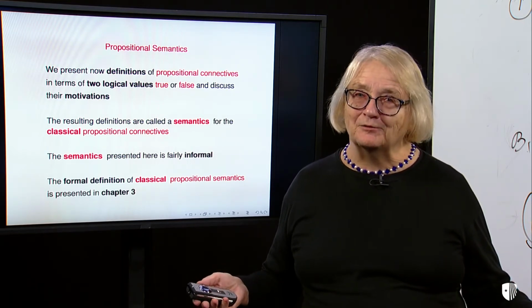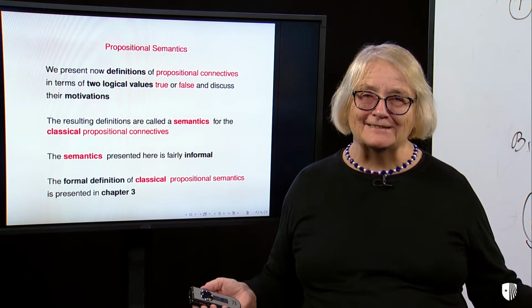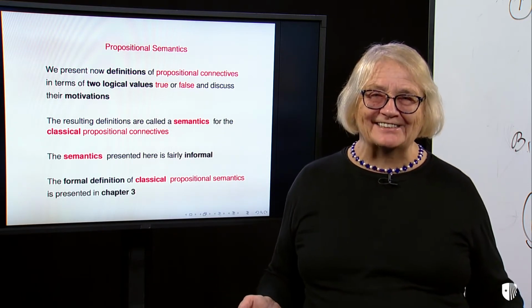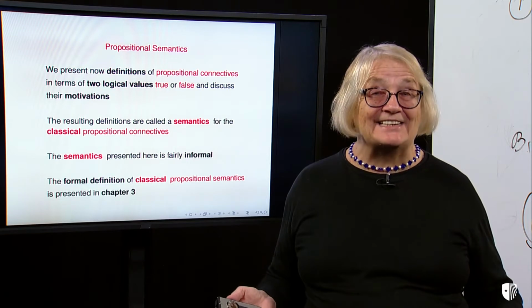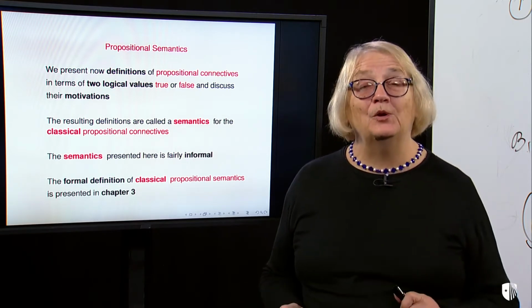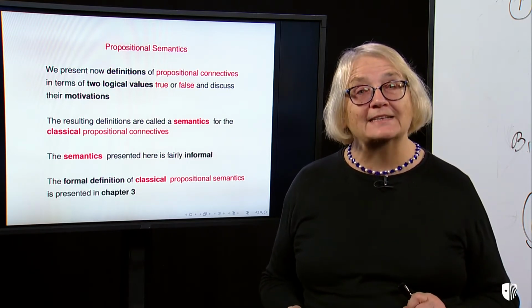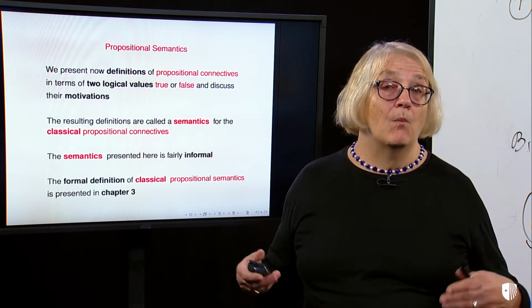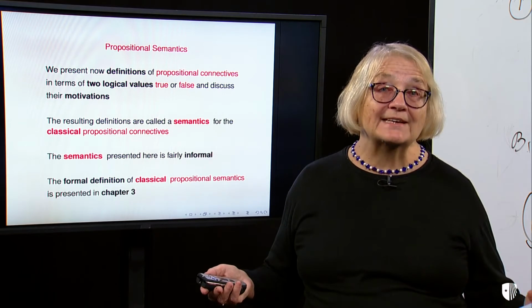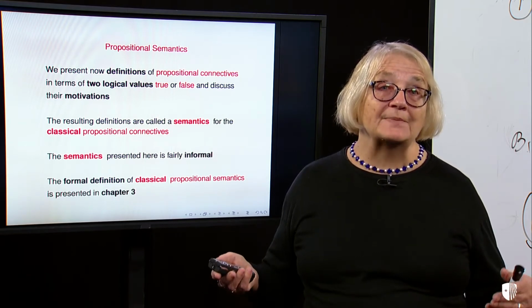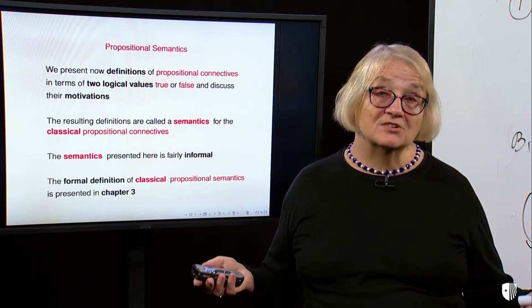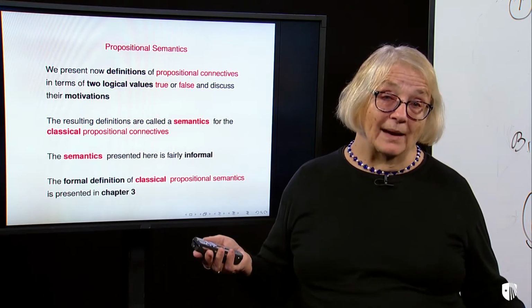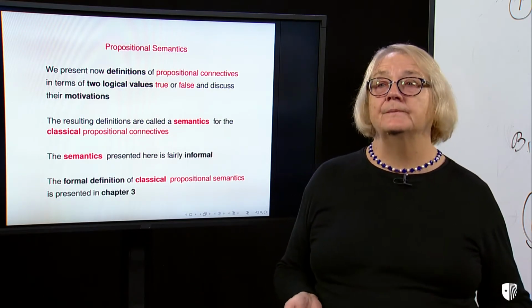Real life would be nice if it were as black and white as mathematics, but it isn't. That's why we'll also be talking about non-classical logics, which describe more complex reasonings, or the semantics of more complex reasonings than black and white mathematical reasoning.